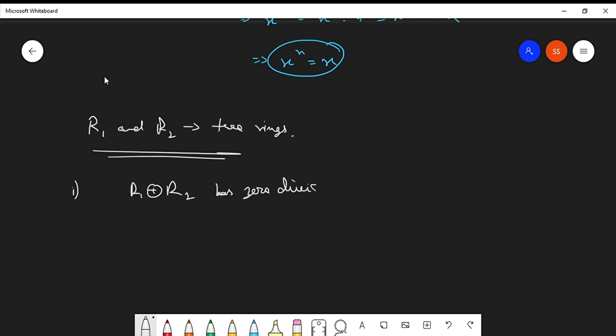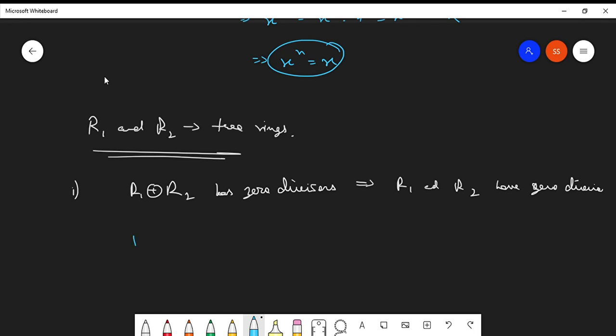Will that imply that R1 and R2 have zero divisors? We can check this using a simple example. We have already used this example.